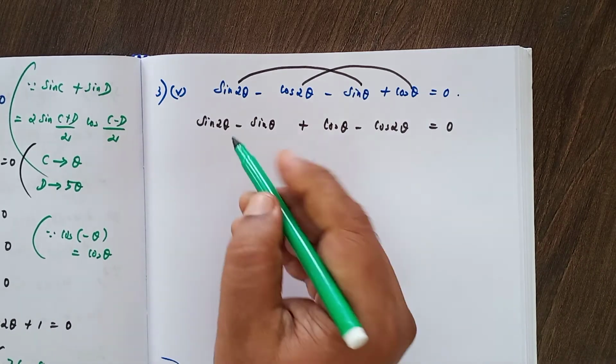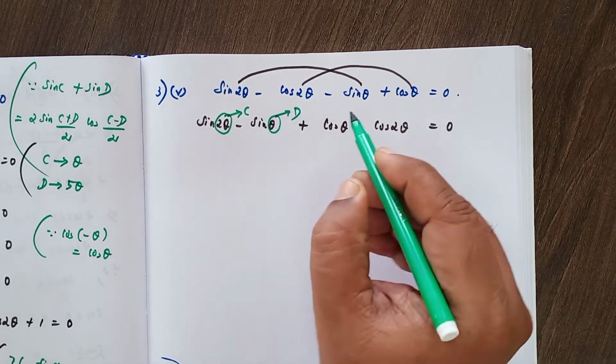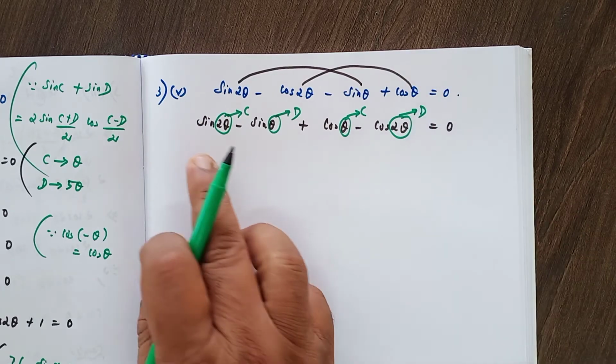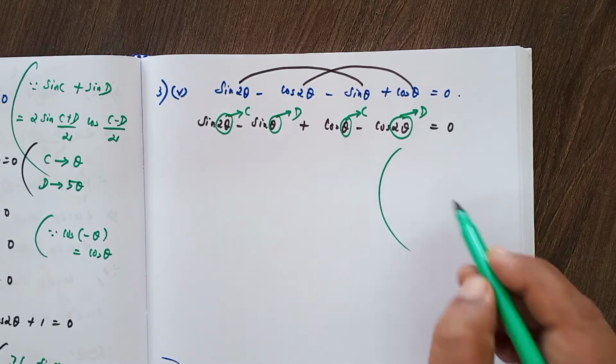Here this is c, this one is d. So two formulae are to be applied: sin c minus sin d and cos c minus cos d.